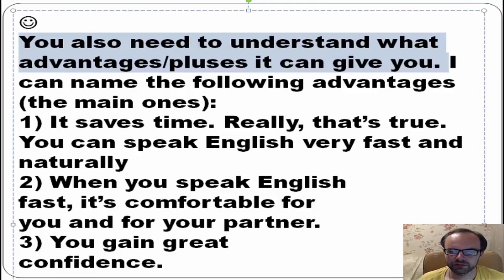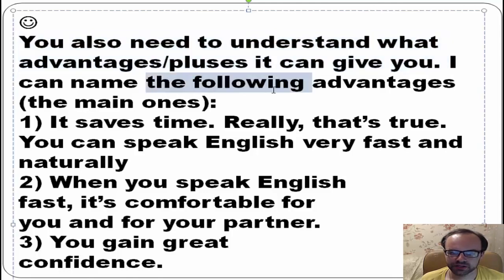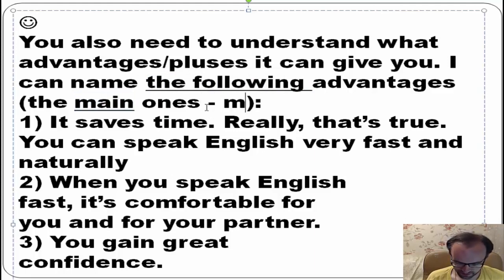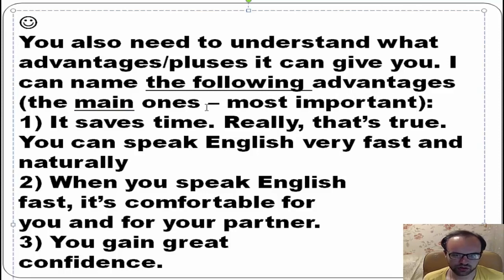I can name the following advantages, or I can name these advantages. So the following means these advantages, the main ones. So what is the main? It means most important. So it means very important or most important. So which you really need to know.